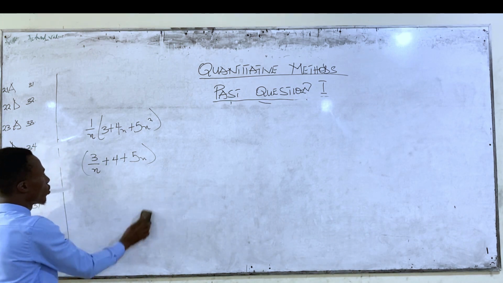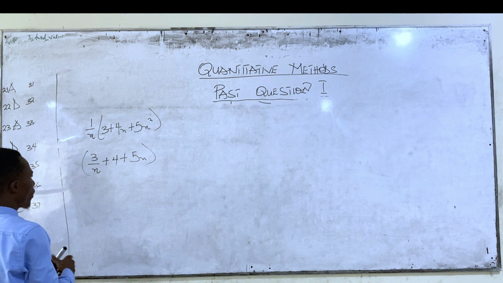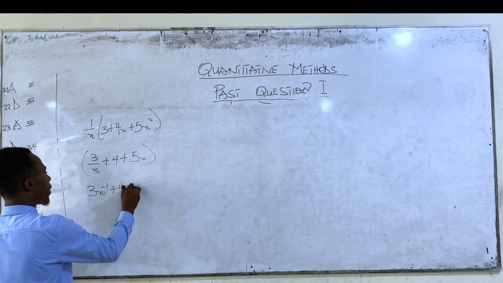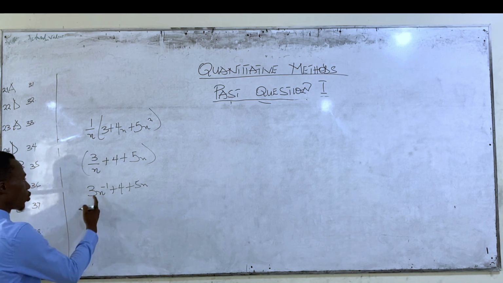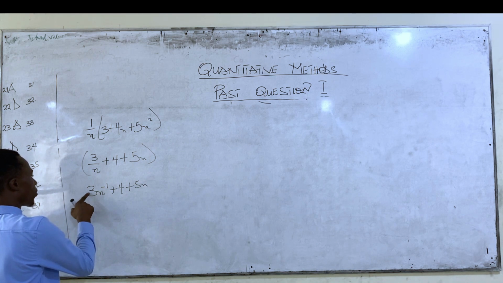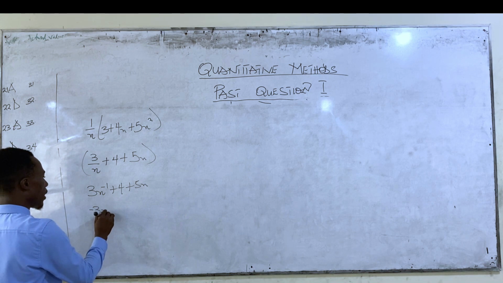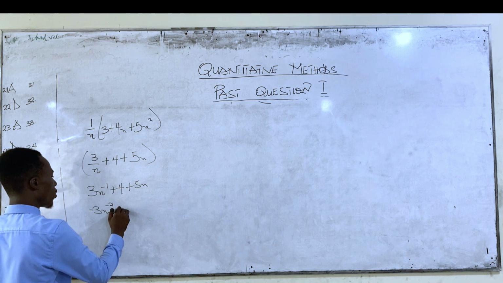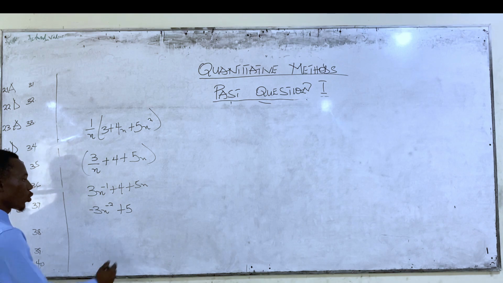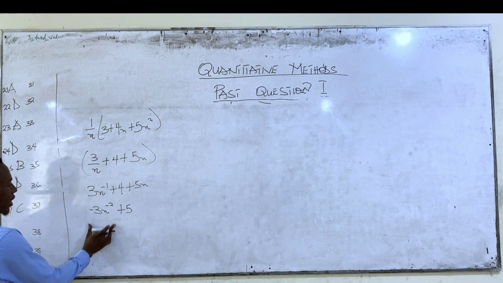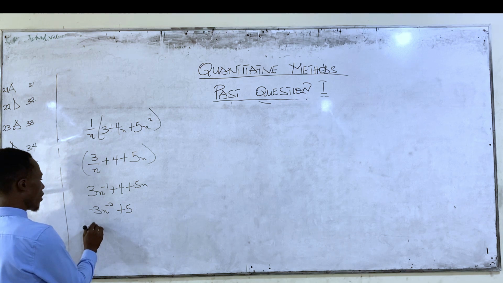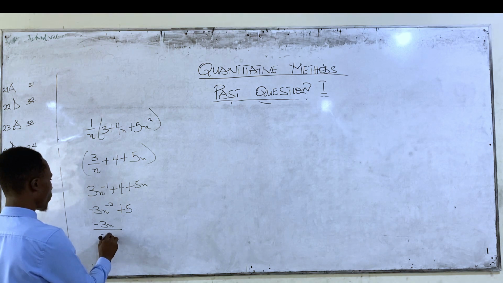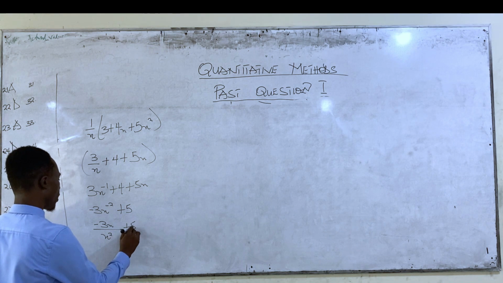Okay, so let's differentiate this. You can bring this one up to say 3x exponent negative 1 plus 4 plus 5x. When you differentiate this, the negative 1 will multiply this to give you negative 3x. Then you subtract 1 from the exponent to get negative 2. This one will give you 0, plus 5. When you are rearranging them in fraction, it is going to be negative 3x over x squared plus 5, something like this.